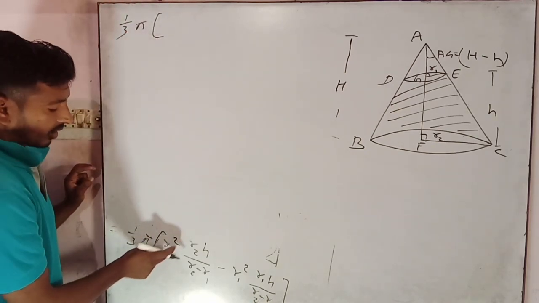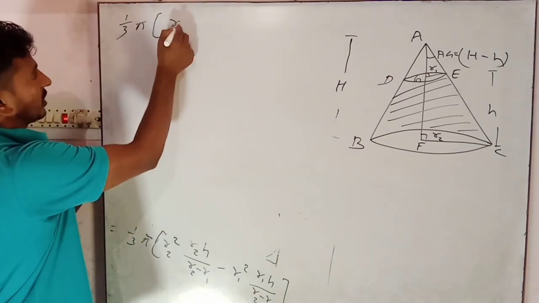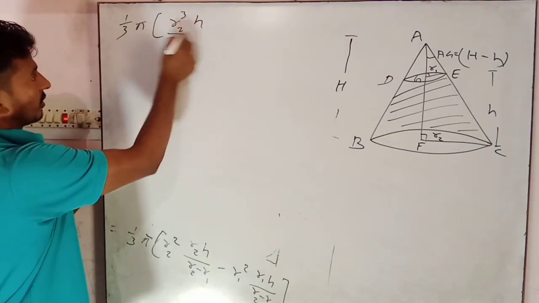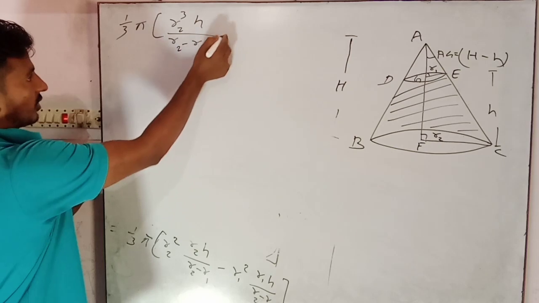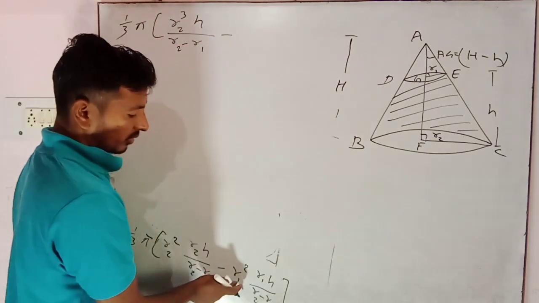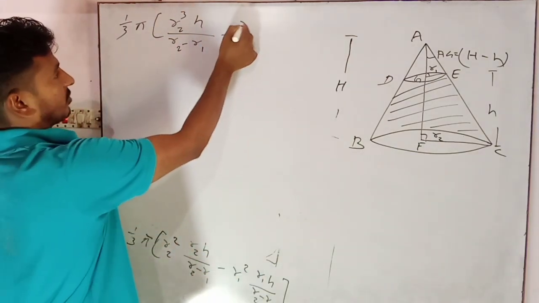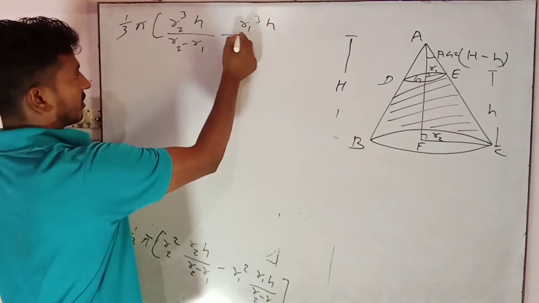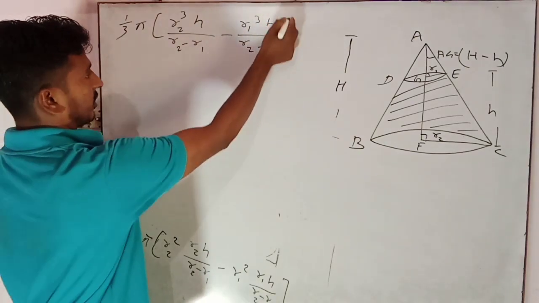Look, this one is R2 square and there is R2, means R2 cube h by R2 minus R1. There is R1 square and there is R1, so it becomes R1 cube h again by R2 minus R1.